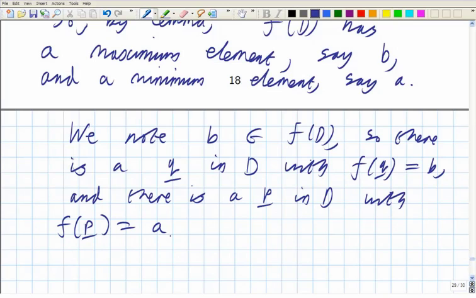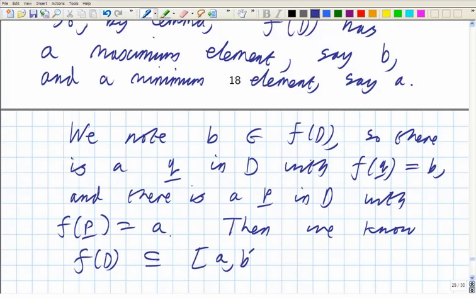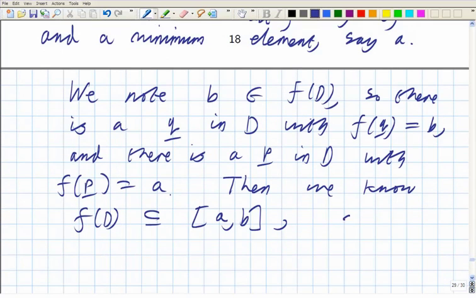And of course, these were carefully chosen to be the maximum and the minimum values taken by the function, so the whole image, f of D, is contained in the closed interval from little a to little b. In other words, between little a and little b inclusive. And from that you get that the points P and Q have got the properties we want.